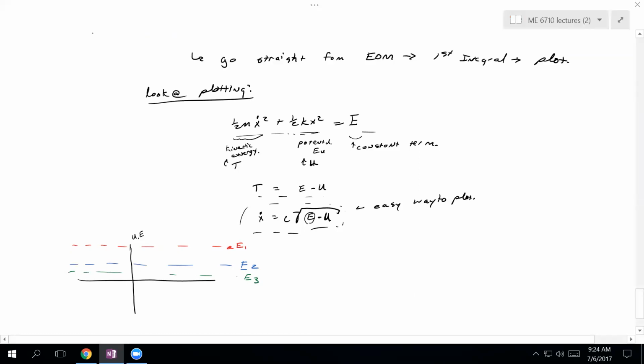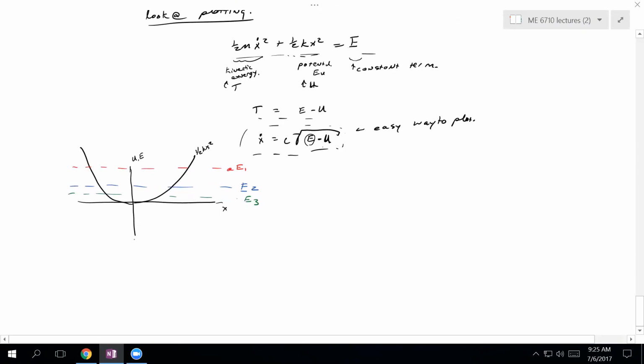And then let's look at our U. So our U is 1/2 kx squared. And so, 1/2 kx squared, that's always going to be positive, correct? And so it's a parabola pointing up. So I'll get just something like that, as x increases. It's always going to take that shape.